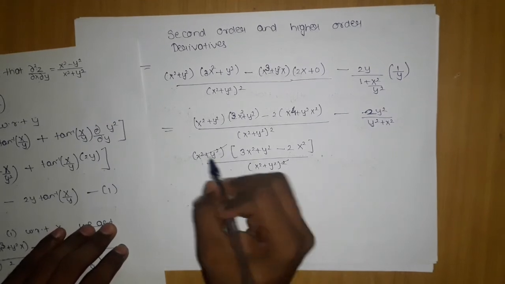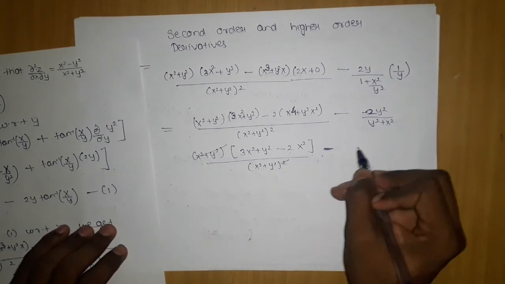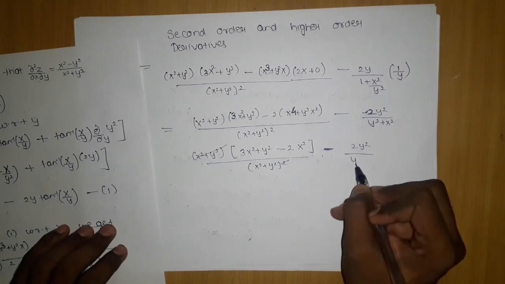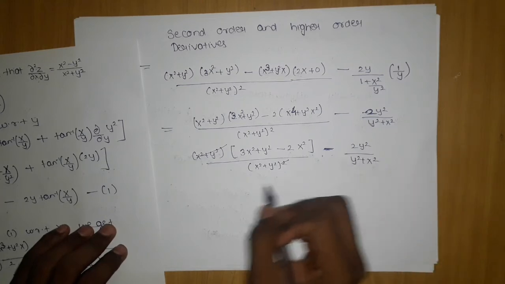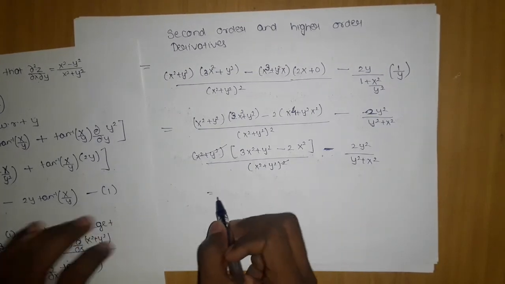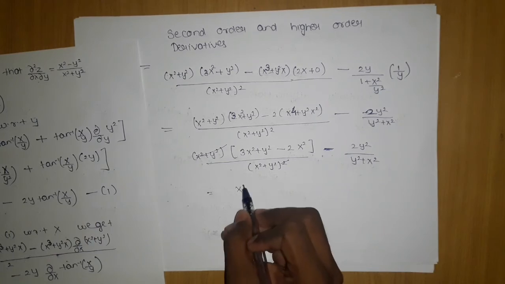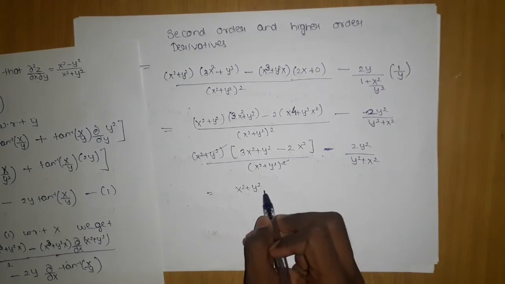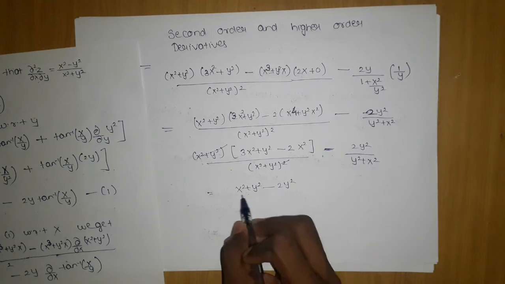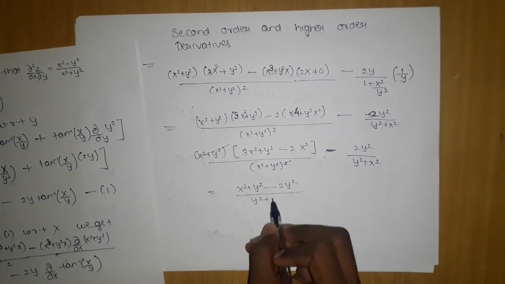This x square will cancel out, minus 2y square by x square, which is this thing only. This and this will simplify, giving me finally x square plus y square minus 2y square, the whole by y square plus x square.